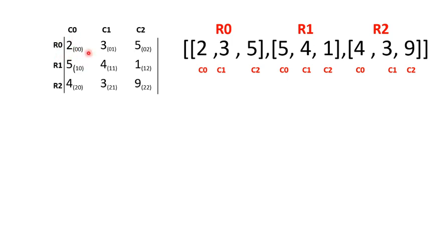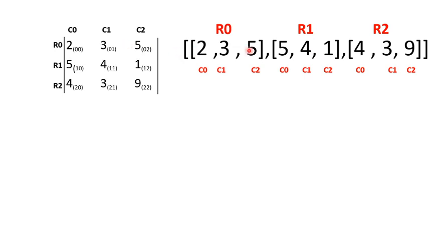If you want to represent each and every element, this is row 0 and column 0. This is a 0 and 0 index. This is 0 and 1 index. This is 0 and 2 index, and so on. Okay, so if we want to represent it in the form of Python, we can write it like that.